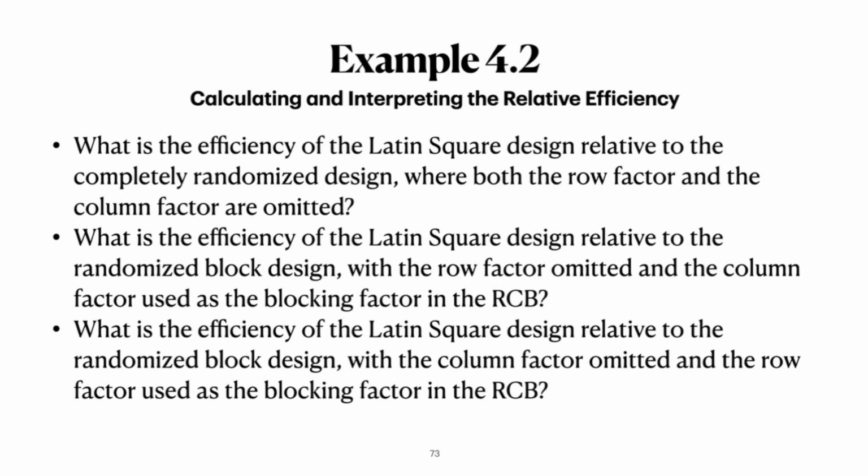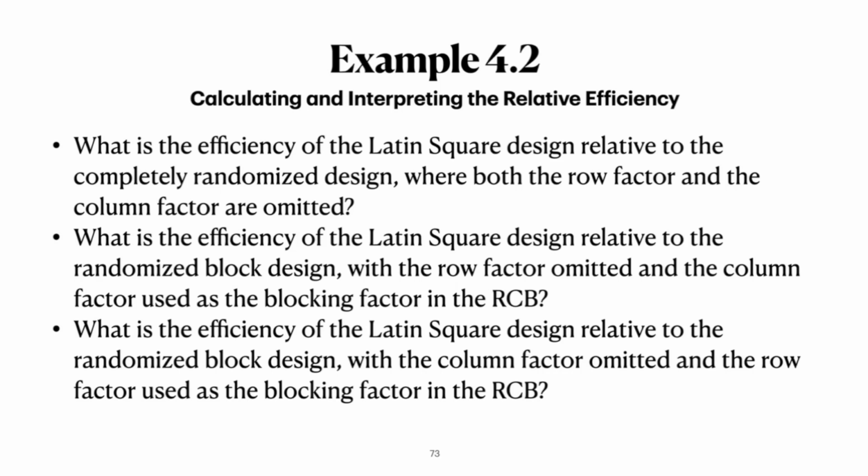Okay, so we've made those qualitative conclusions. Now let's see if we can quantify the extent to which these column blocking factors may or may not be effective. To do that, we'll look at the following questions. What is the efficiency of the Latin square design relative to the completely randomized design where both the row factor and the column factor have been omitted?